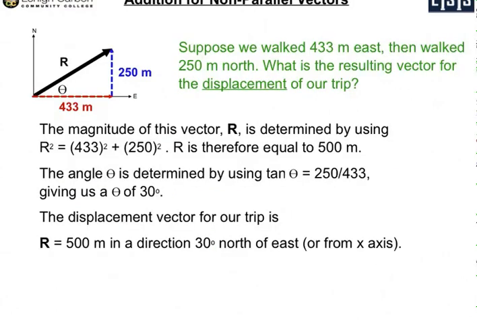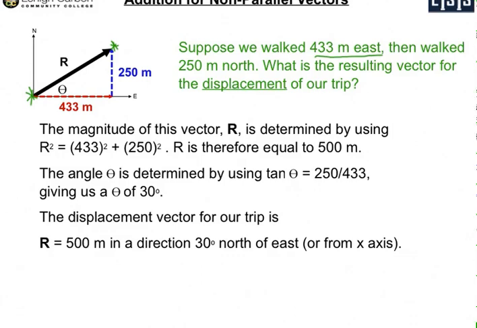Let's use an example here to go over a component method problem. So let's suppose that we walk 433 meters east and then walk 250 meters north. And we're looking for the resulting vector for the displacement of our trip. And remember, displacement is the difference between the starting point of our trip and the ending point. And it doesn't regard the path. So this vector r is going to have a magnitude, or a length.